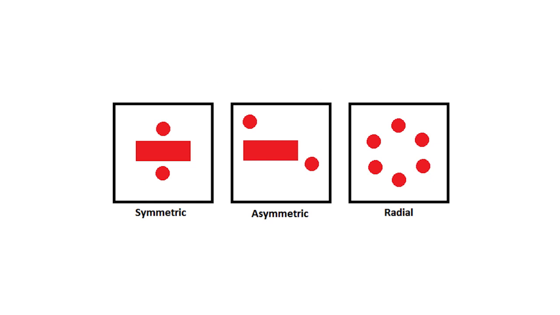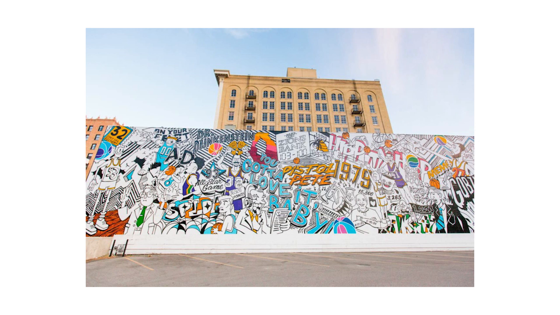And in radial balance, the elements are arranged around a central point and may be similar. In this example by Trent Call, Jazz Anniversary Mural, he creates a sense of balance by bringing your focal point to the center with You Gotta Love It Baby, and balancing out the sides with about an equal amount of imagery and text. Keeping these things in mind, let's get started.